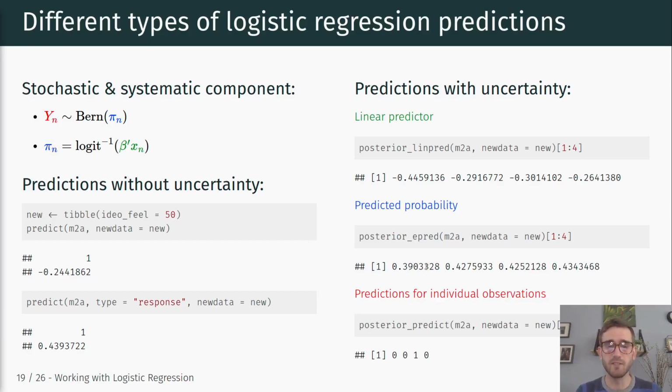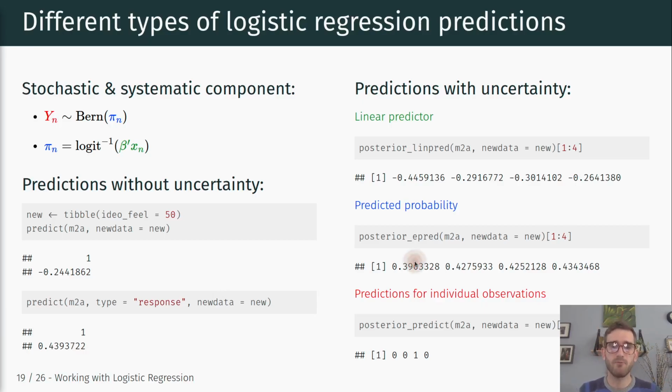So this now is ranging between 0 and 1. It's the predicted probability for each of those, for this scenario where ideology is equal to 50, the predicted probability of observing a 1 rather than a 0. But it's not just one value, just like when we have a point estimate for our coefficients and compute just the one predicted probability.